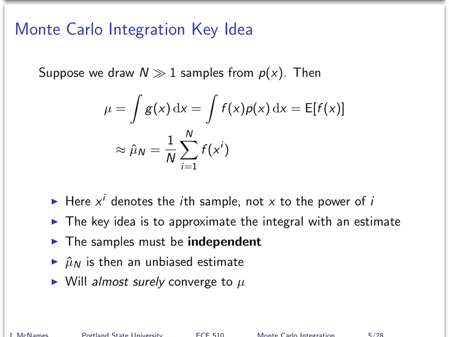We know that mu, where we're really trying to evaluate an integral, can be written as the expected value of f of x. And if I can generate a large sample, say n much greater than 1, a very large sample of random numbers, this is where the random number generator comes in, from the distribution p, then I know by, I think it's the law of large numbers, that this estimate of the mean will converge to what the true value is.